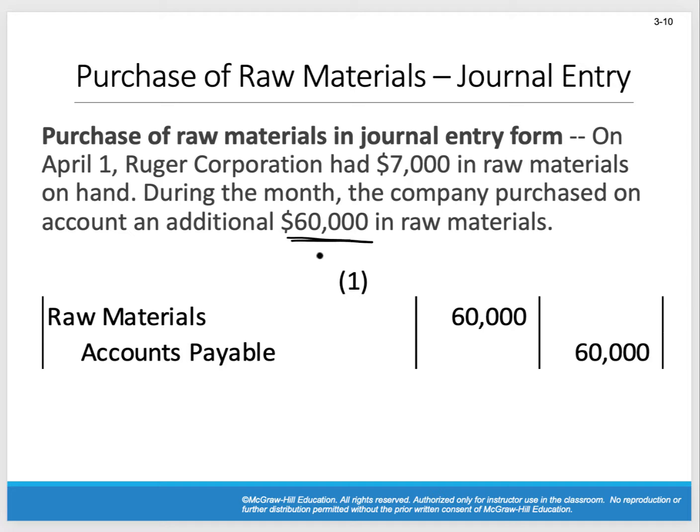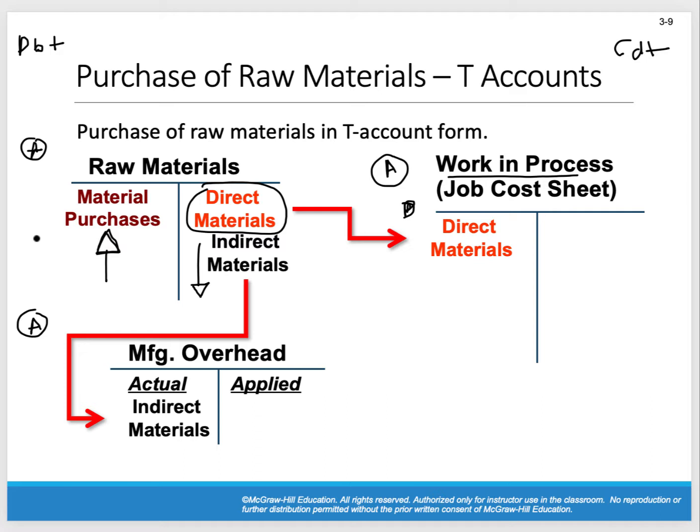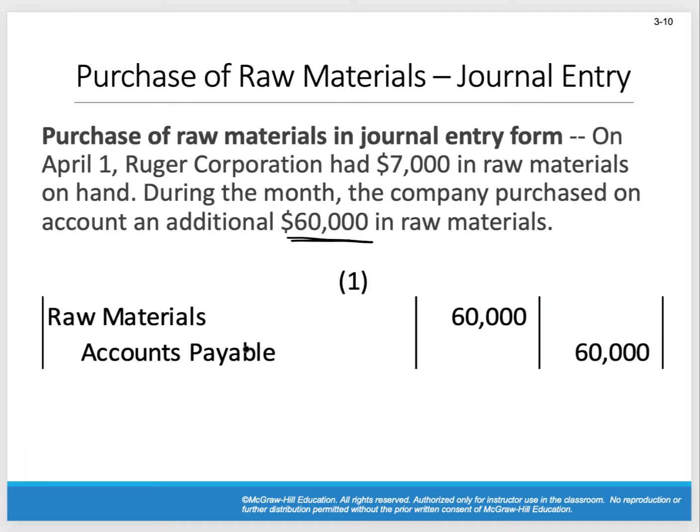Okay, so we need to basically put that into raw materials by debiting it. Okay, how do I do that? Very simple. I'm going to debit raw materials. Okay, notice that we have a left column and a right column. Well, this is our debit column.